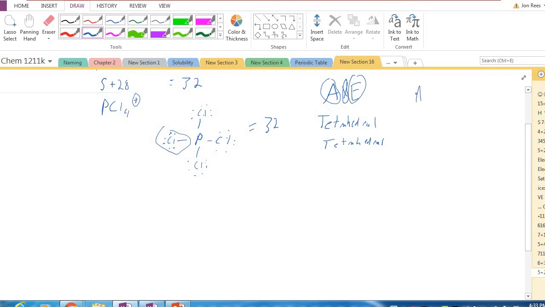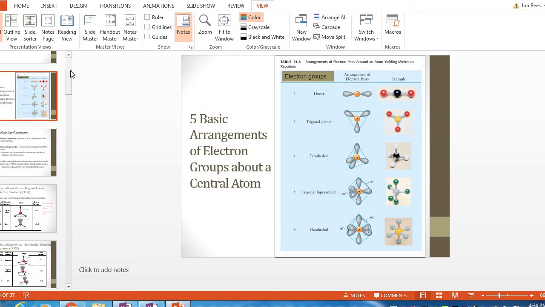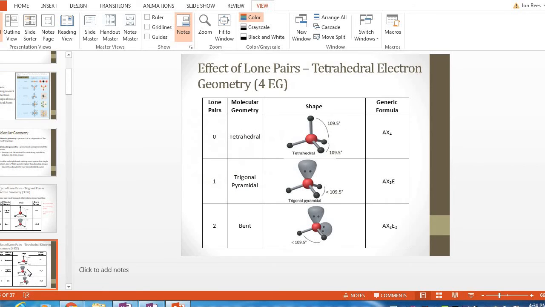So this is AX4. A is the P, the X's are the 4 chlorines. And so if I go back to the notes, then I know that this is tetrahedral. When I go to my tetrahedral, I notice that AX4 is tetrahedral. The ideal bond angle is 109.5.